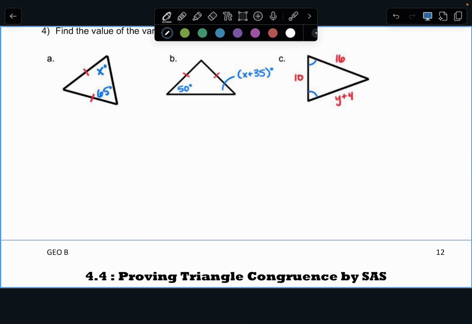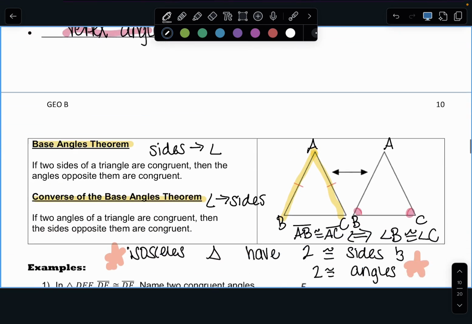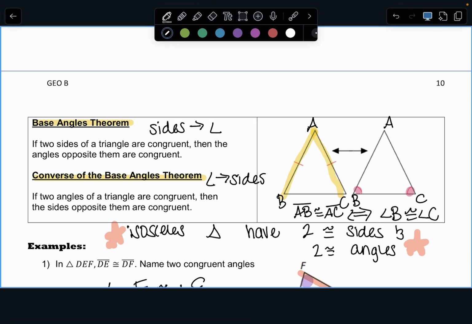Okay, the next one. What are we shown right off the bat? What do the red things mean? Okay, we have 2 congruent sides. If we have 2 congruent sides, what do we know? 2 congruent angles. What theorem tells us that? Is it the theorem for the base angles or is it the corollary?